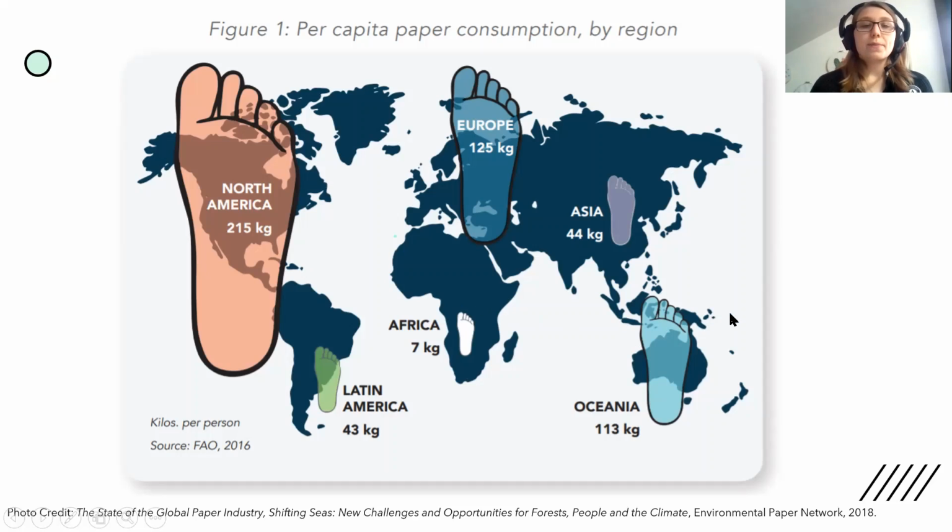And so basically what this means is that we're responsible for a lot of the production and a lot of the consumption, and therefore we're responsible for a lot of the carbon footprint and the pollution generated from this industry.